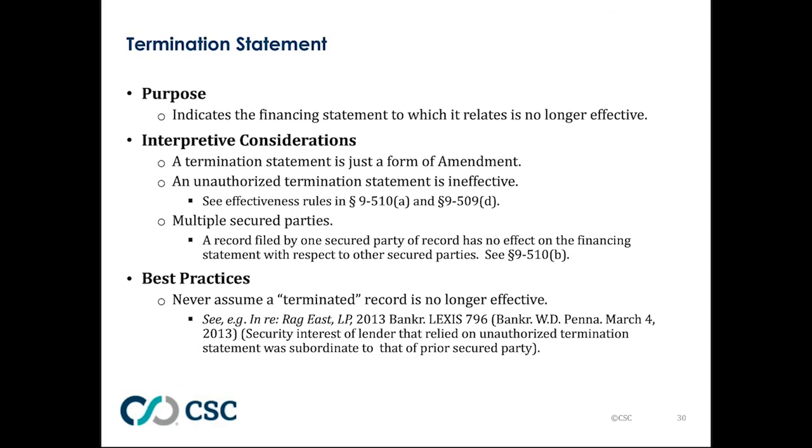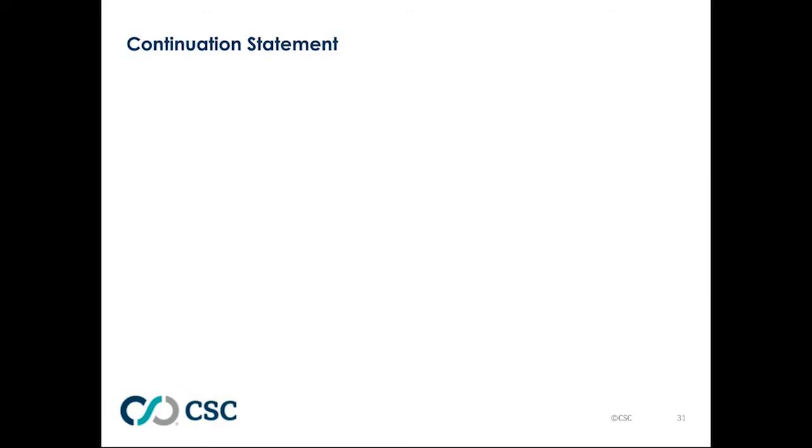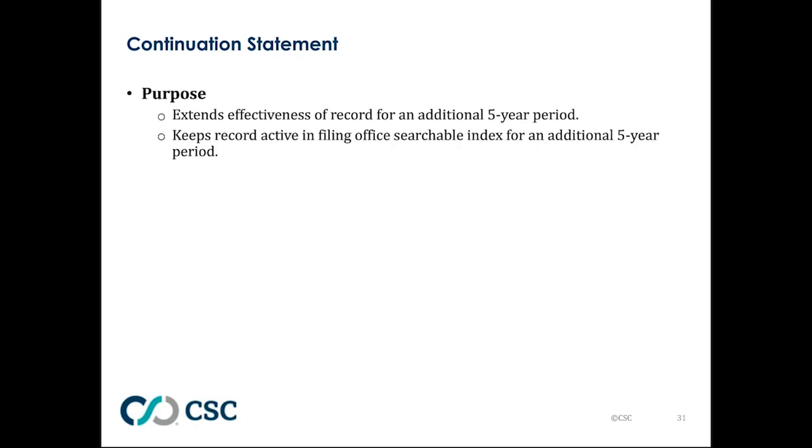So it's necessary to verify, as part of further research beyond the public record, that each secured party did in fact authorize the termination statement. Continuation statements can even create a little risk for searchers. The purpose of a continuation statement is twofold, and these are separate and distinct purposes.